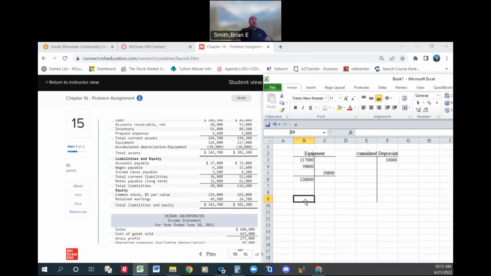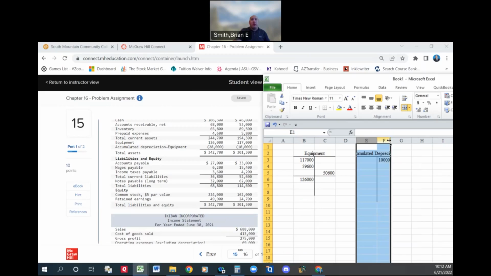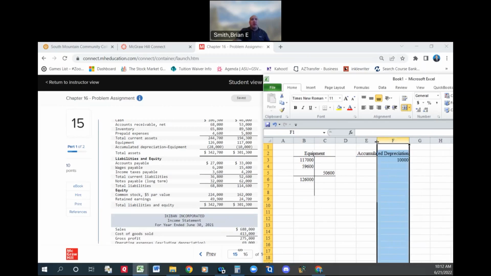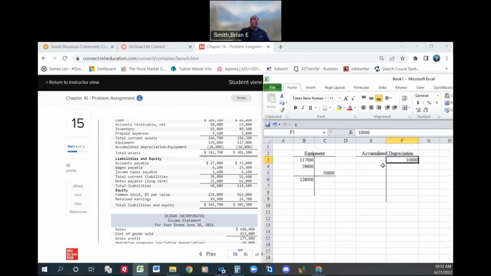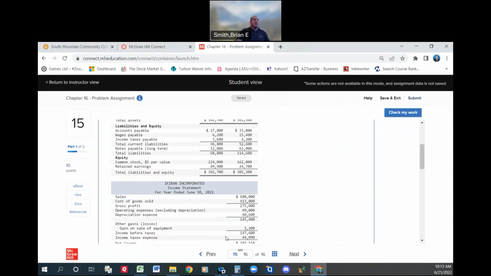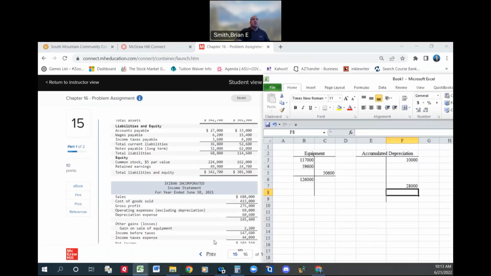And let's look at our accumulated depreciation. This is how you would figure out if you didn't have the information about gains and losses, if you had a gain or loss on the sale of this equipment. So our accumulated depreciation went to 28,000, and we had depreciation expense of 66.